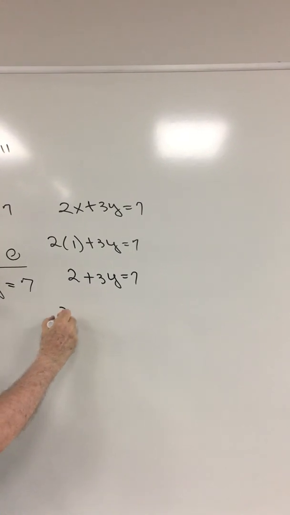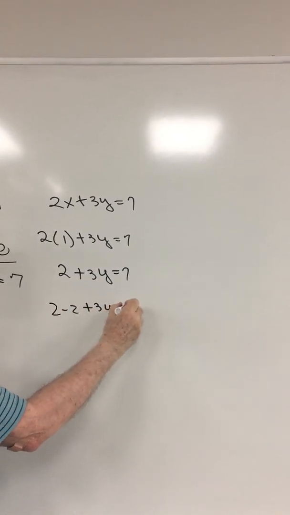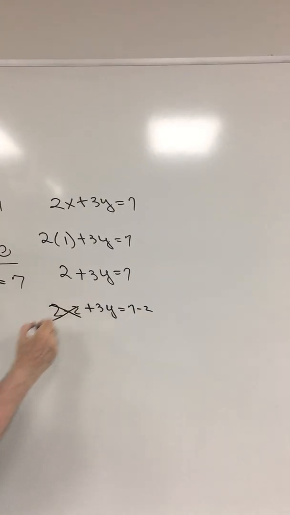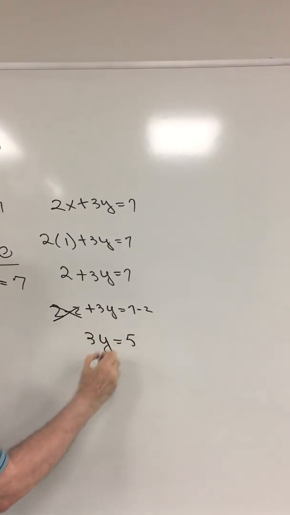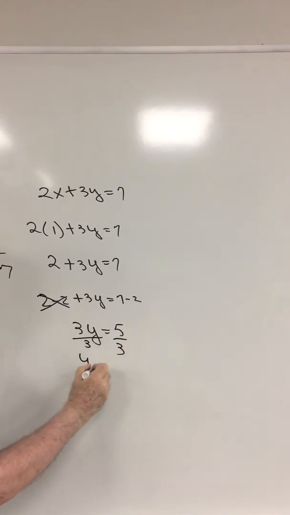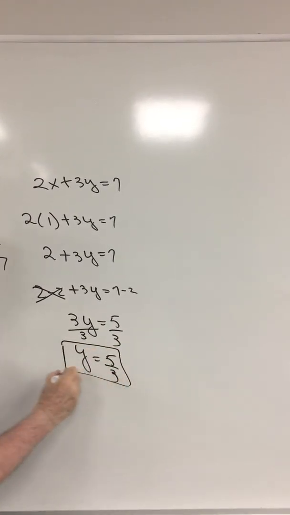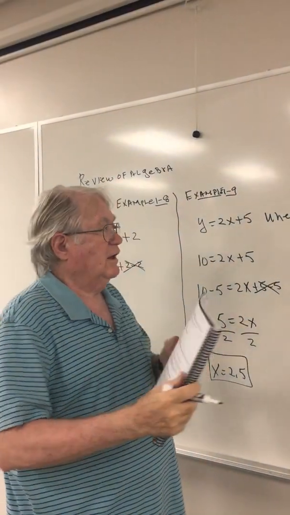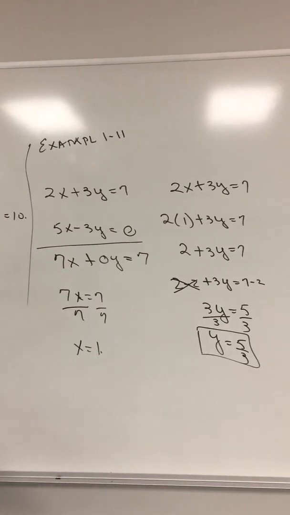So now I subtract 2 from each side. 2 minus 2 is 0. 3y is equal to 5. Dividing both sides by 3, that comes out to be 5/3 as the value of y. Now we're going to run through these equations during the course of the class. This one right here is going to appear in Chapter 4.